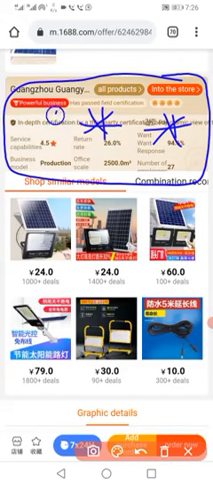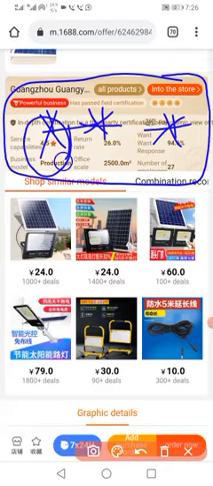And the star rating is of three forms. The first one is the communication of the manufacturer. The second one is the shipping rate. And the third one is the quality.